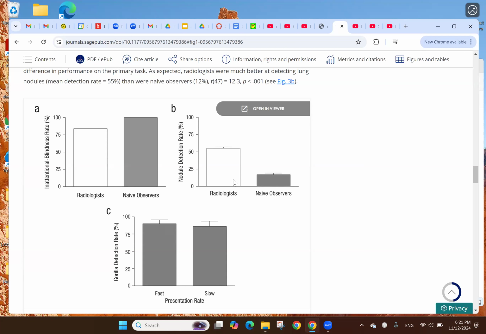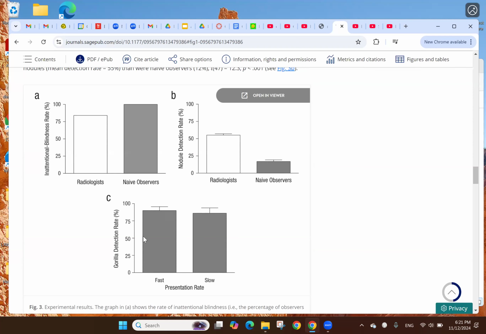The radiologists were much better than naive observers at picking out the nodules. But when they were actually told to look for the gorilla, they were much better and could actually find it. This is just a control experiment to tell you that the gorilla was visible if they were looking for it, but not when they weren't.